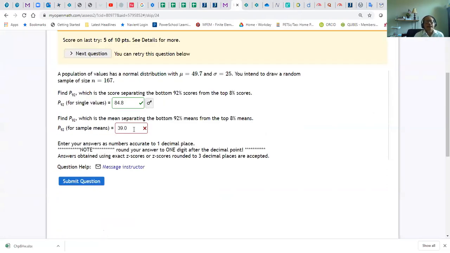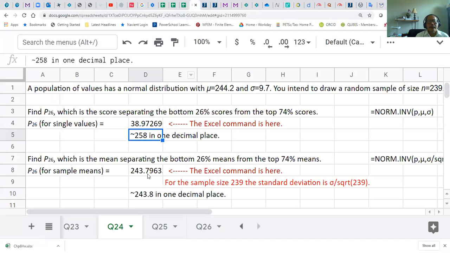Okay, so the last one is wrong. Let me see what is here. Okay, let's see what's wrong here.